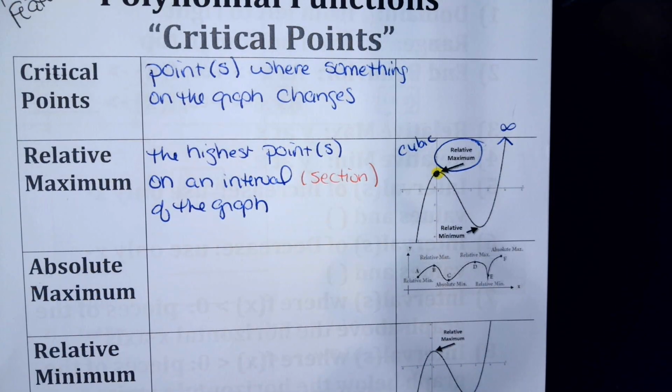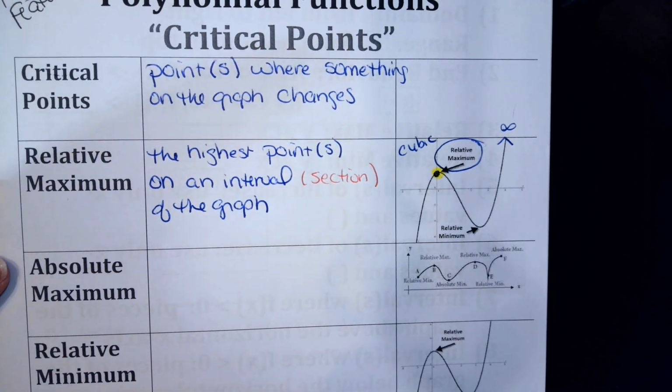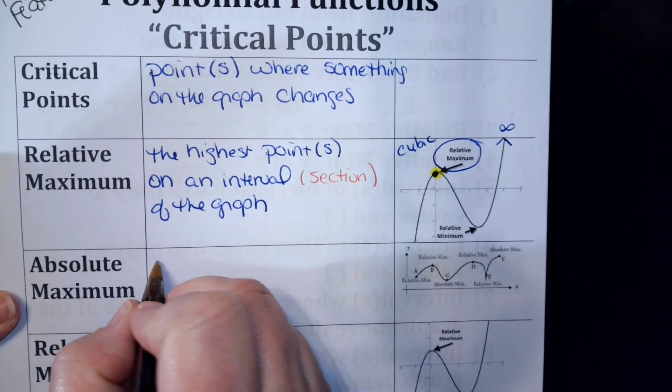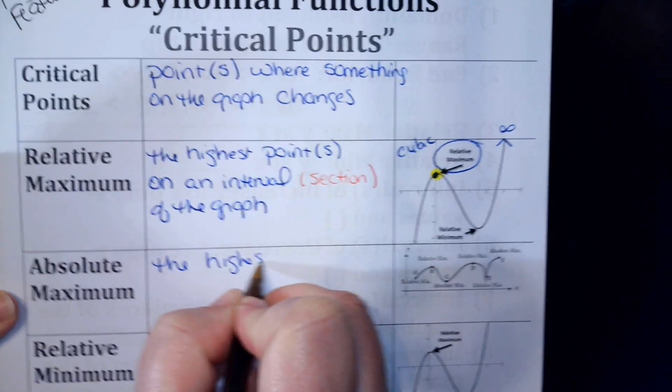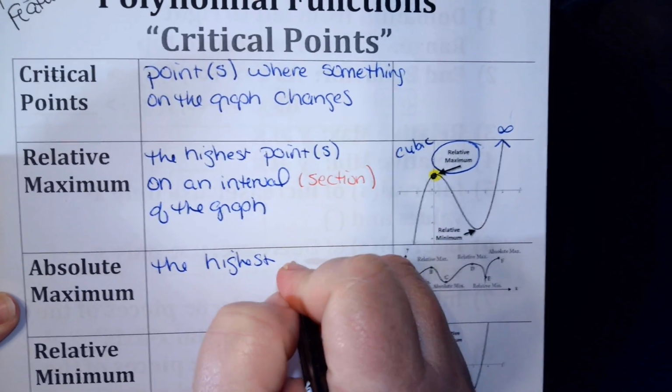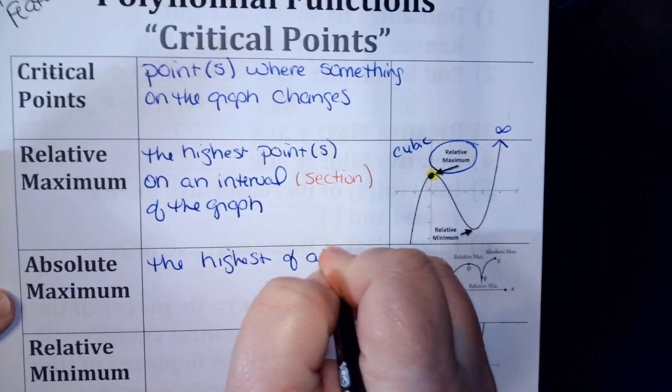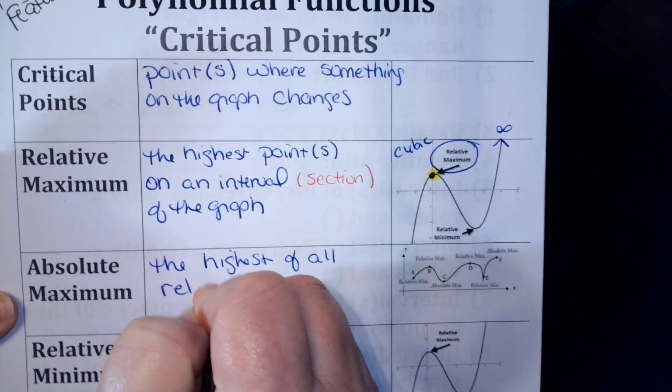Speaking of more than one point, what is an absolute maximum? An absolute maximum is simply the highest of all relative maximums.